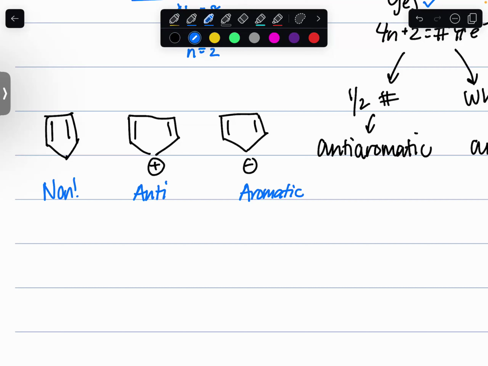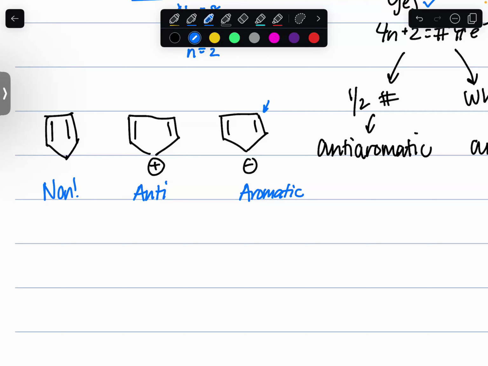You're right. Is that because in the first one I can do resonance structures, and in the second, I still can do the resonance structures?